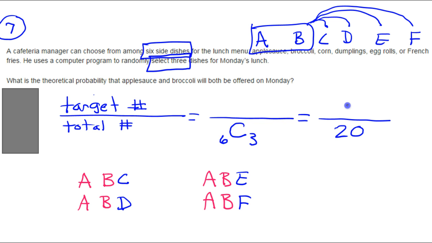So 4 of the 20 possibilities, 4 of the 20 total outcomes involve broccoli and applesauce. So that's 4 out of 20. Okay, so let's see, 4 out of 20. That reduces down to 1/5, or as a percent, that would be 20%.